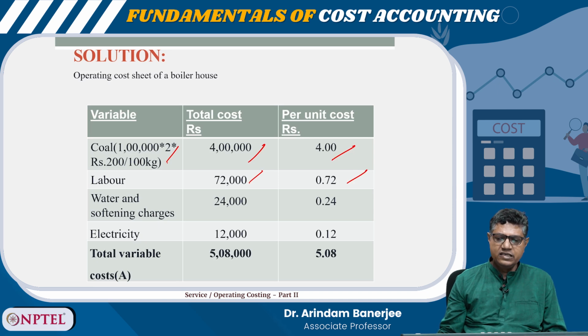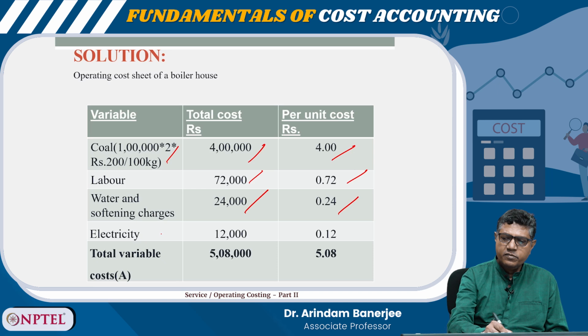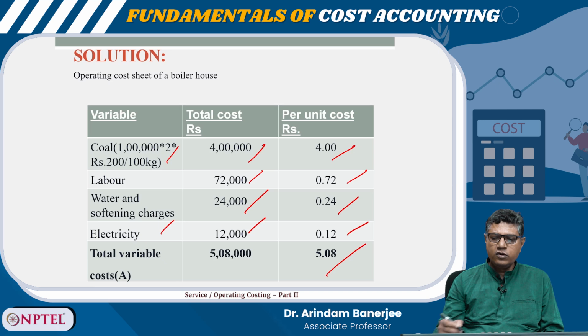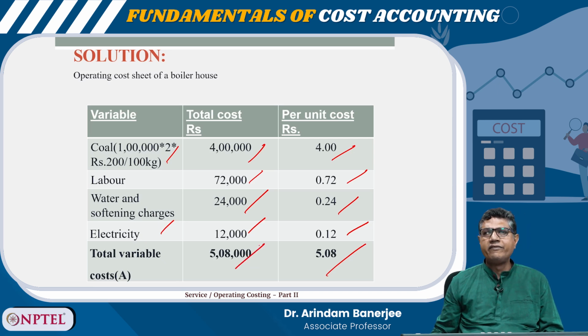Water and softening charges total cost is 24,000, so per unit cost is 0.24. Electricity total cost is 12,000, so per unit cost is 0.12. If I add, per unit cost is coming 5.08 and total cost is coming 5 lakh 8,000.